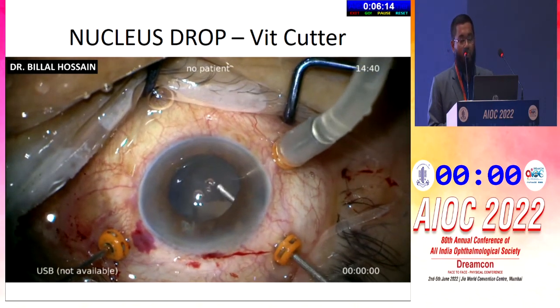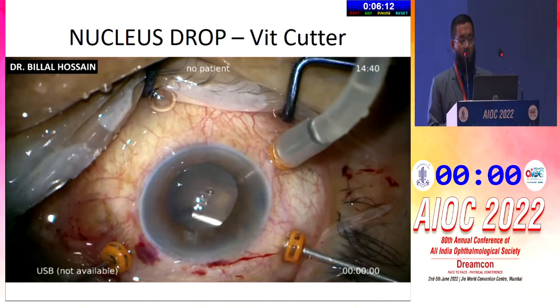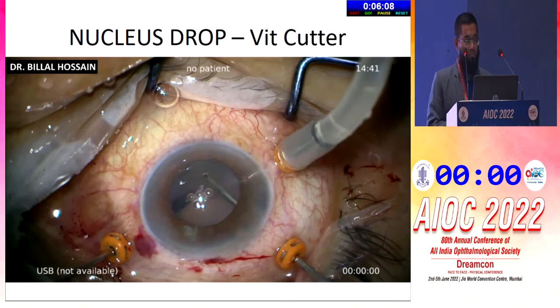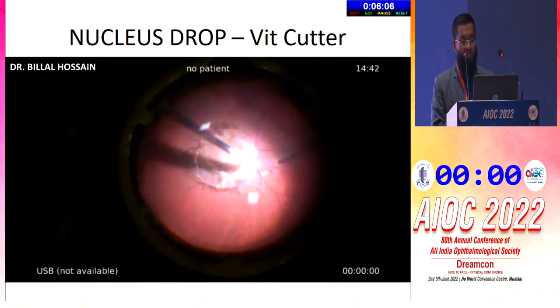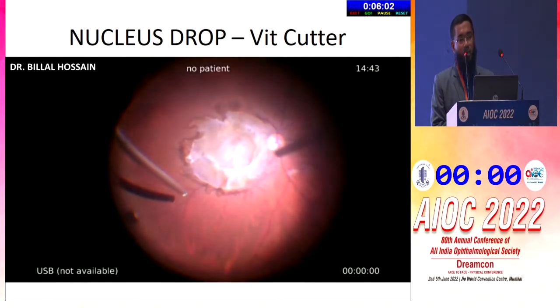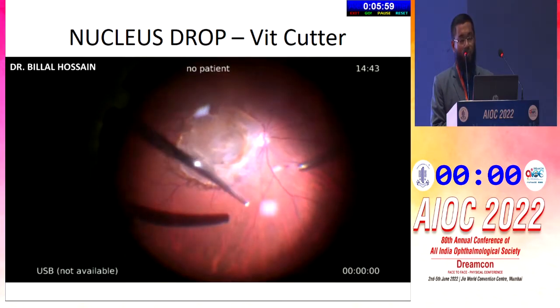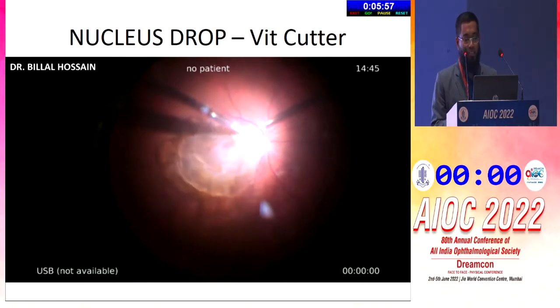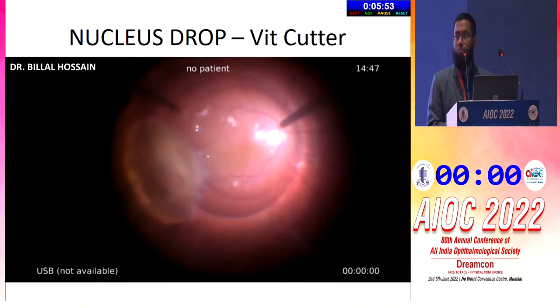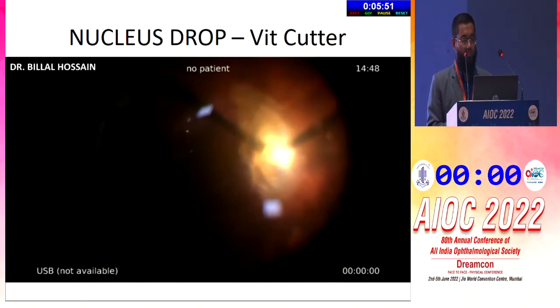After confirming the anterior vitrectomy, which was followed by the core vitrectomy also, the nucleus was seen dropped over the macular region. So first the nucleus should be freed from the surrounding vitreous.